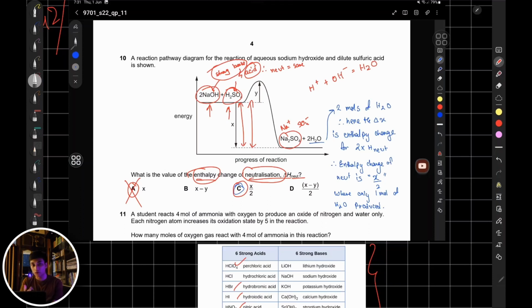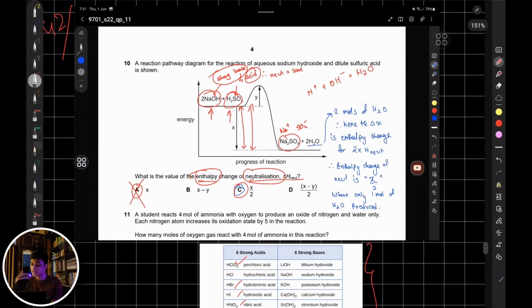There is a factor of how easily the H plus ions are lost or gained, which is why the enthalpy changes are slightly or moderately different from one reaction to another. But in cases of a strong acid and a strong base reacting, since both of them can ionize entirely and dissociate fully, the enthalpy change of neutralization stays the same.